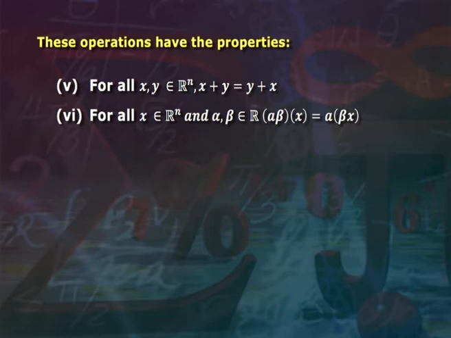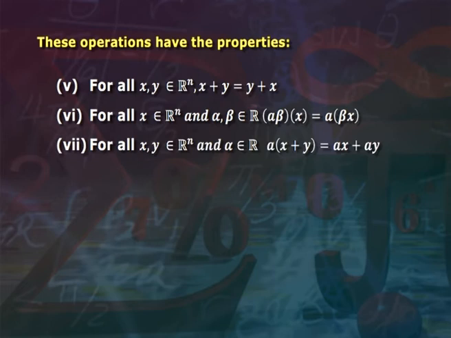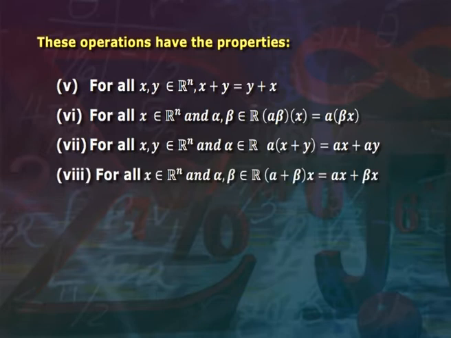For all x in Rn and alpha, beta in R, alpha (beta x) equal to (alpha beta) x. 7. For all x, y in Rn and alpha in R, alpha multiplied by (x plus y) equal to alpha x plus alpha y. 8.